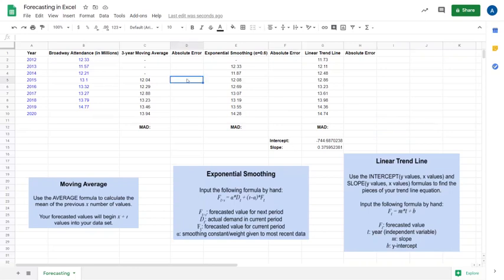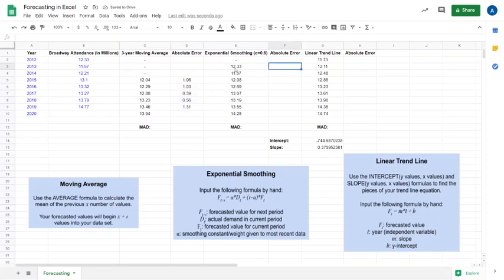All right, so if I'm talking about absolute error, I'm taking the absolute value, which is just ABS, and I'm going to do the forecast minus the data point. Right, and I can just drag that all the way down to 2019. And I'm going to do that for all of these.